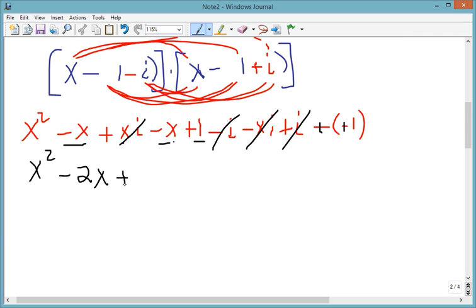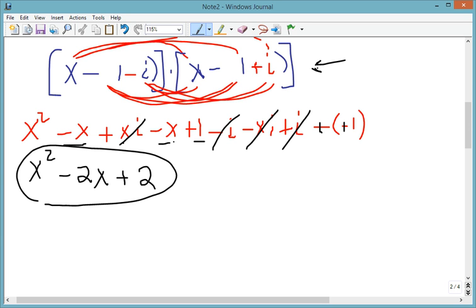So that would be plus 2. Okay, so this polynomial with real numbers as the coefficients has two zeros, right? The two zeros are 1 minus i and 1 plus i. And it came from these factors up here that we used in order to get it.